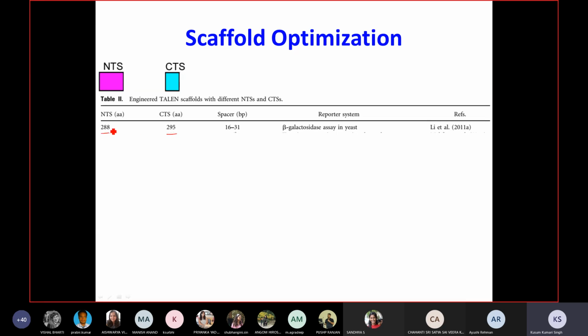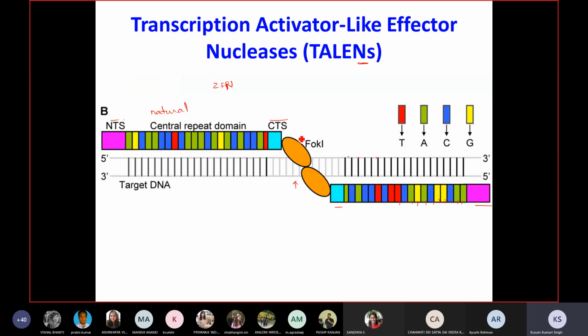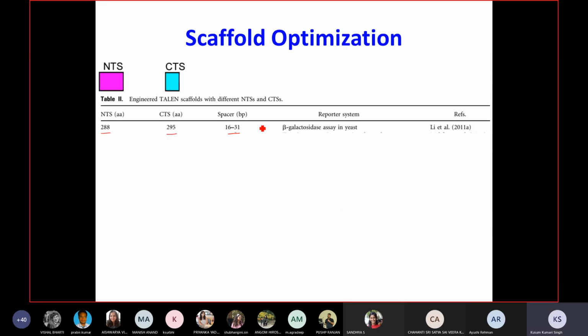If you imagine, 288 is a really big protein, and 295 amino acids in the C-terminus, and in the spacer 16 to 31 base pairs. The first TALEN was created by Lee et al. and published in 2011, based on beta-galactosidase assays they had performed.